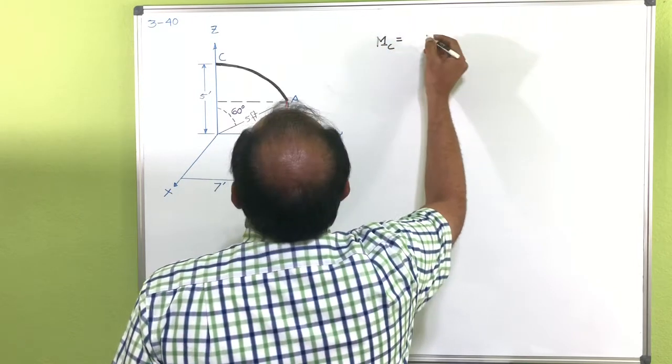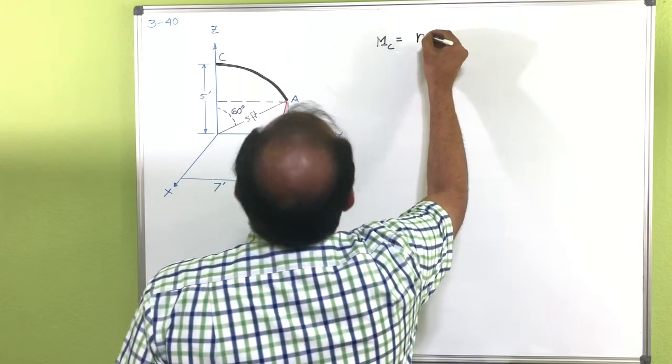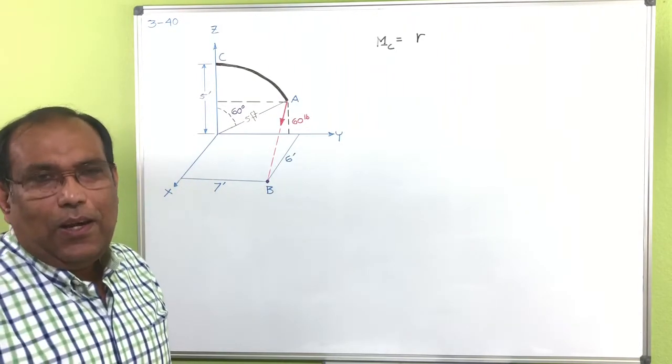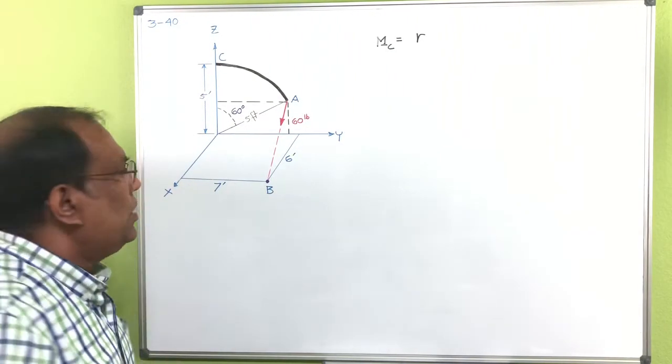Okay, now you already know that your moment at C is equal to the position vector from C to any known point on the line of action of the force.